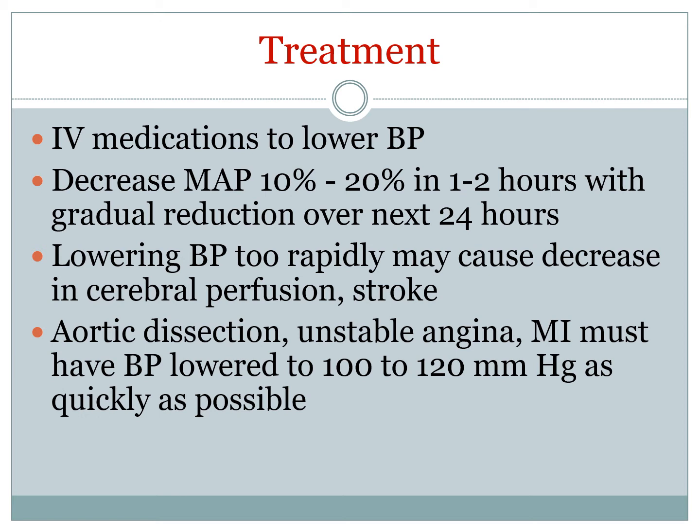Lowering the blood pressure excessively may decrease cerebral, coronary, or renal perfusion, and this could precipitate a stroke, an acute MI, or renal failure. So we want to decrease the mean arterial pressure by basically 10 to 20% in the first 1 to 2 hours, with gradual reduction over the next 24 hours. And we'll use IV medications to lower this blood pressure.